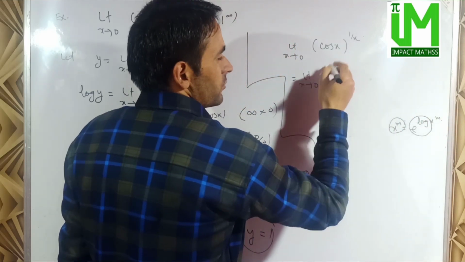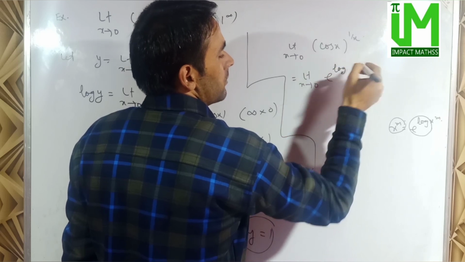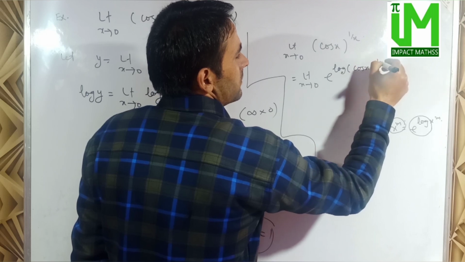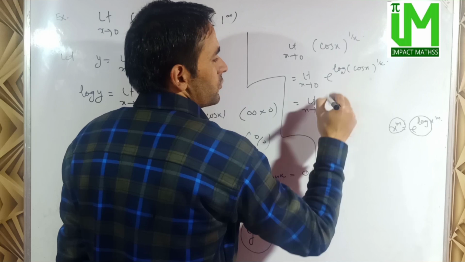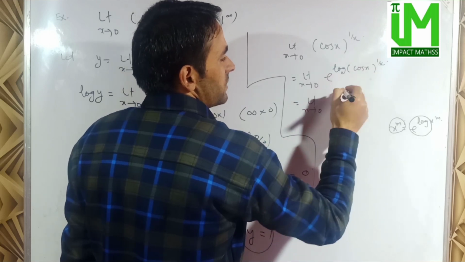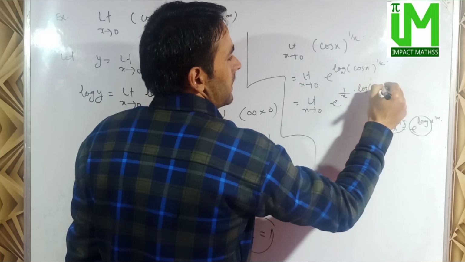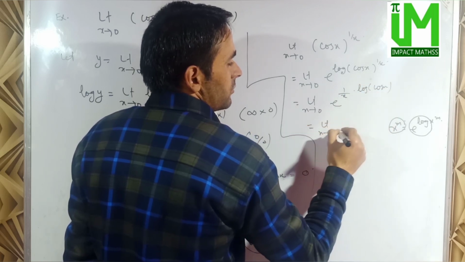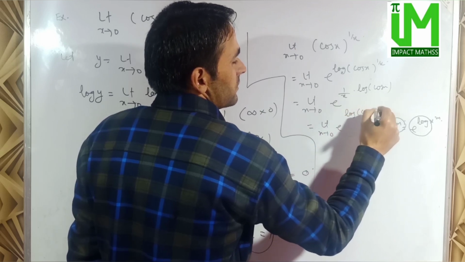So as such we can write this as e raised to power log of cos of x raised to power 1 by x, and then this will be limit x approaches to 0 e raised to power 1 by x, again multiplied by 1 by x log of cos of x, and this will be again limit x approaches to 0 e raised to power log of cos of x divided by x.